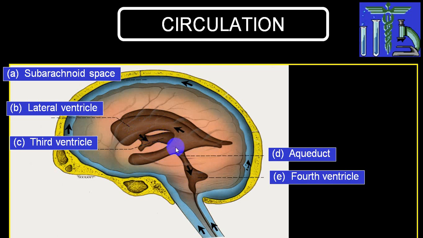From the third ventricle via the aqueduct of Sylvius, it will come into the fourth ventricle. And from the fourth ventricle, it will pass on into the central canal of the spinal cord. And by the lateral opening, that is the foramen of Luschka, it will pass out into the subarachnoid space. And from the subarachnoid space, it will circulate further.